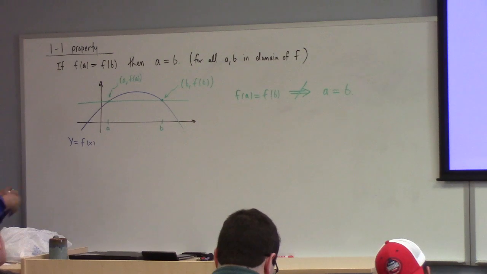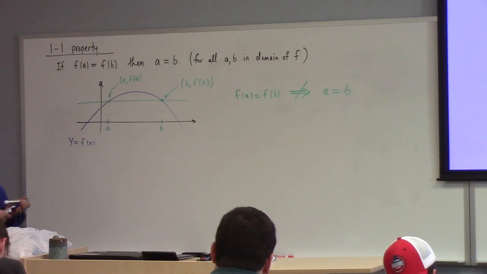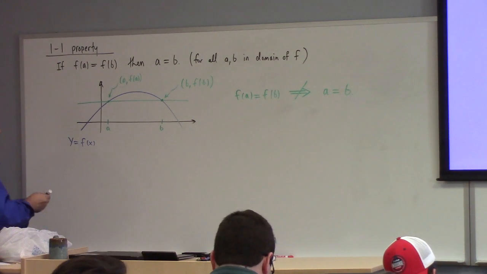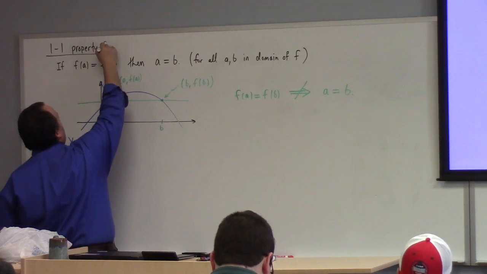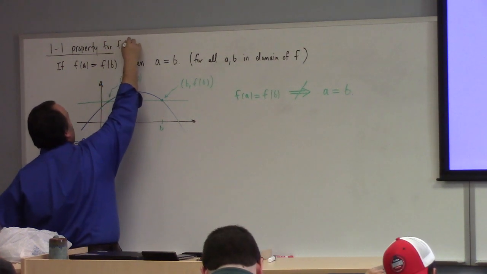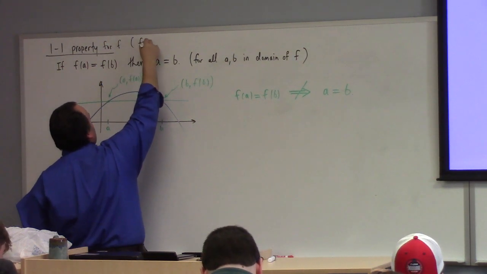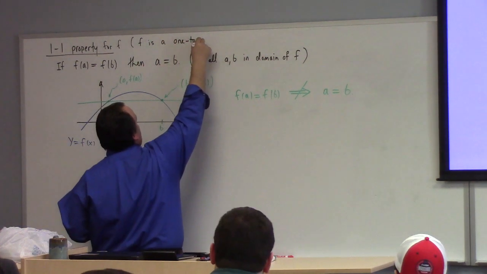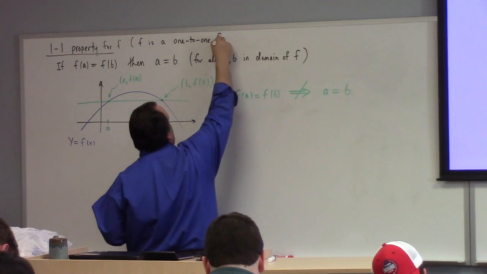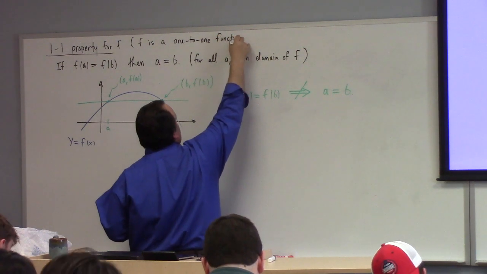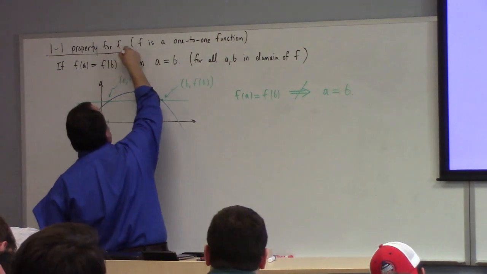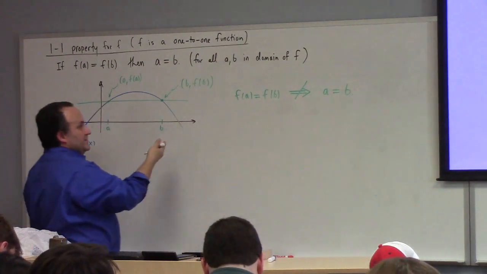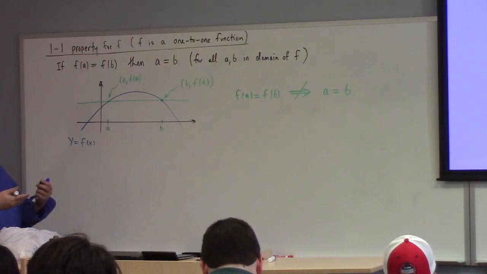So this function does not have the one-to-one property. To have the one-to-one property for f would mean that f is a one-to-one function. The function which I have graphed here is not a one-to-one function.